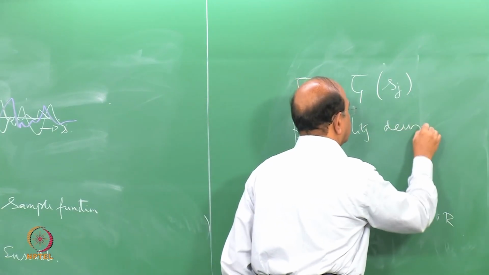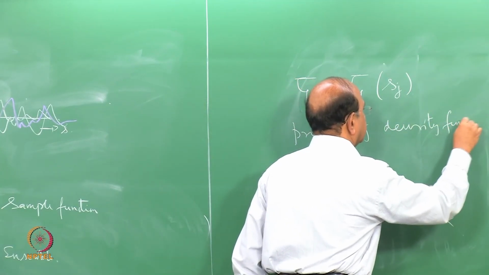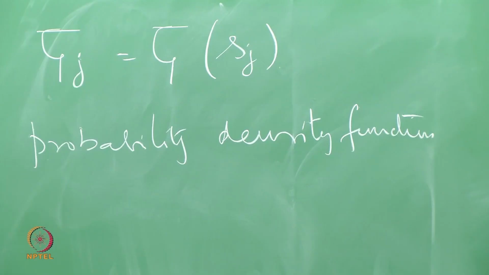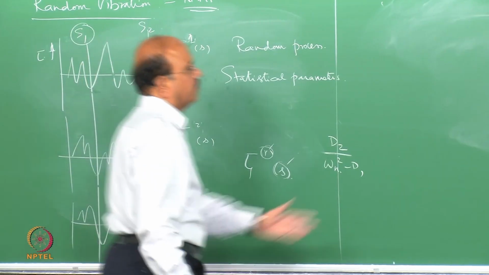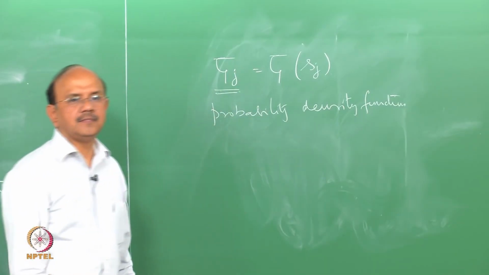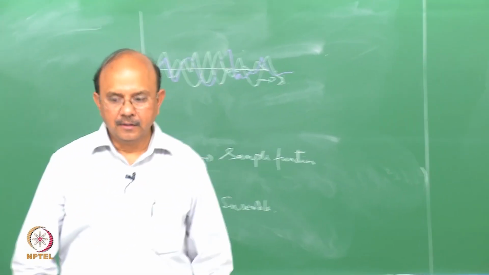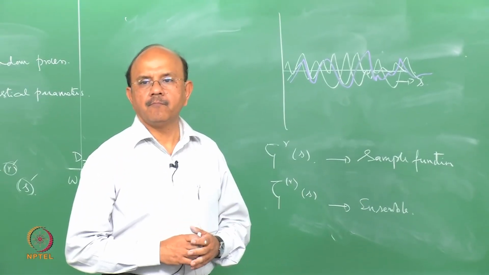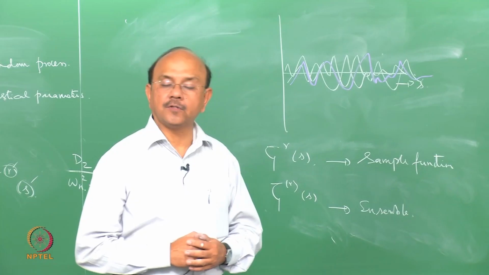All of you have heard about this density function, which I'm going to use to characterize this random variable, which I called zeta at the position Sj. A number of probability density functions are possible.